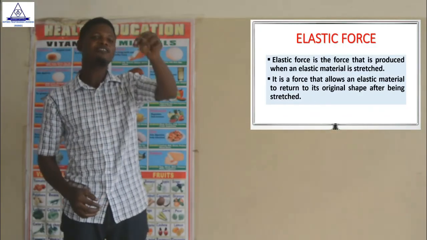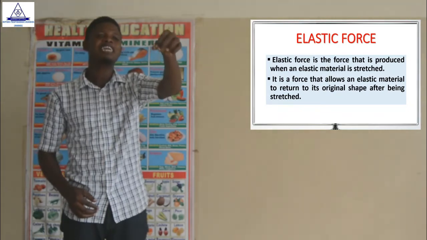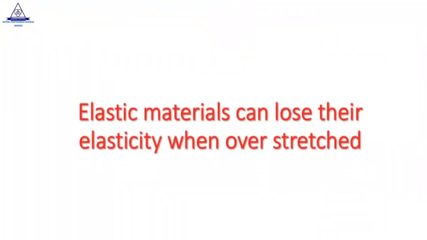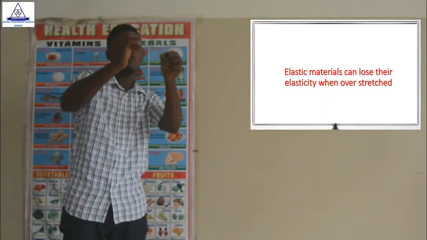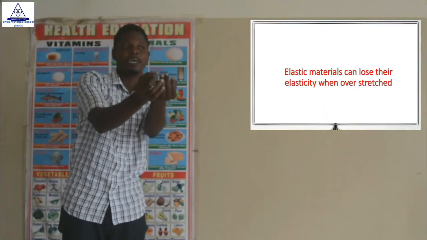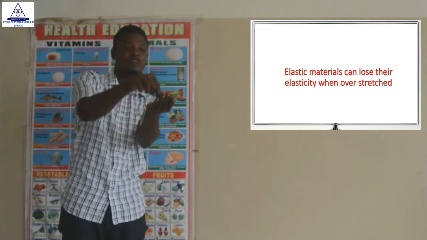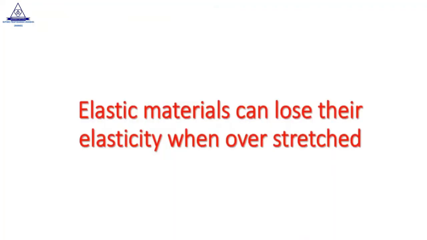Alright. Now this rubber band can lose its elasticity. If you overstretch it, it will come to a point where it wouldn't come back again. That means the elastic force in the rubber band has what? Spoiled. Do you get it? Very good.